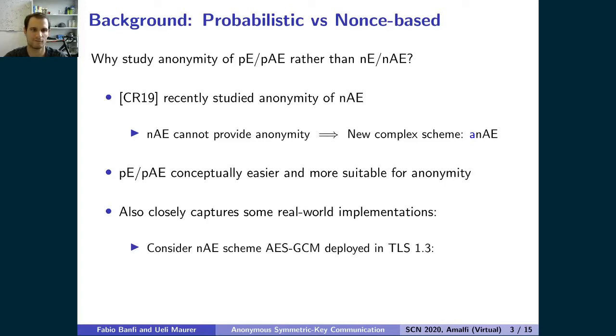In fact, if we consider the nonce-based AE scheme of AES-GCM, which is deployed in TLS 1.3, we see that there the nonces are randomized, which means that mathematically we can model this kind of scheme as a probabilistic AE scheme rather than an NAE. So in particular, this also implies that our results apply to this subset of NAE schemes.